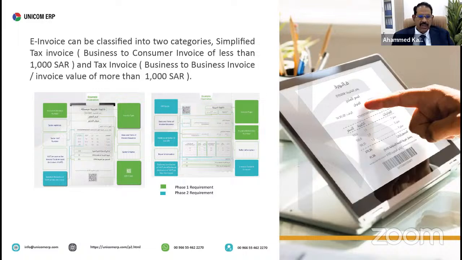In the picture shown below, a screenshot from the ZATCA website, what is marked in green is the phase 1 requirement, and what is marked in light blue is the phase 2 requirements. So there are a lot more compliance requirements for tax invoices compared to simplified tax invoices.